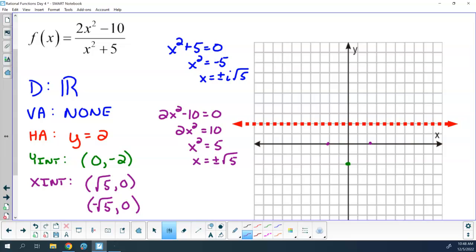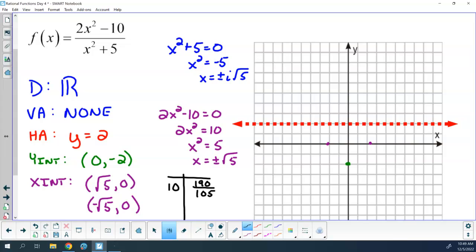Okay. So then we should probably try +10. If I put +10 into my function, 10 squared is 100, times 2 is 200, minus 10 is 190. 10 squared is 100, plus 5 is 105. Approximately 1.9-ish.